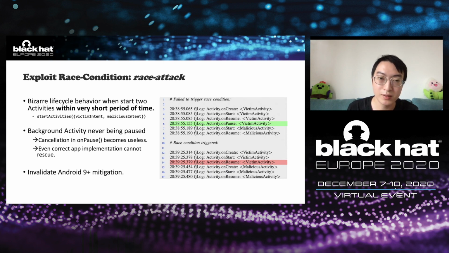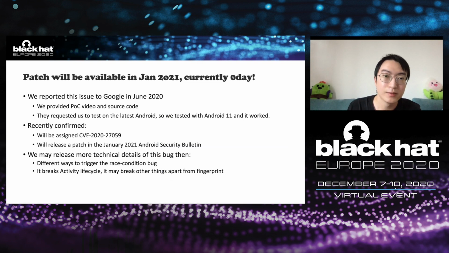So this renders the cancellation on pause useless, meaning that even if the app has a correct implementation, it is still vulnerable to our fingerprint jacking attack. Also, because this bug breaks the Android activity lifecycle, it also breaks Android 9's mitigation. We reported this issue to Google about half a year ago, and we provided a proof of concept video and also source code. Later on, they requested us to test this on the latest Android, so we installed Android 11 and found out it also worked on Android 11.